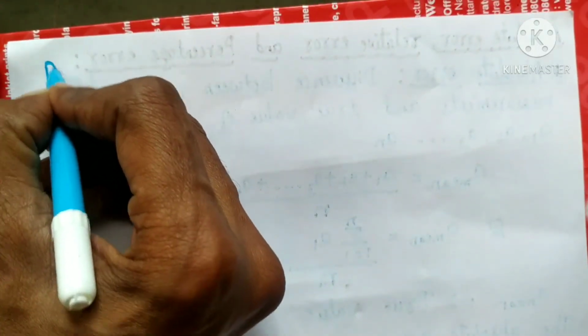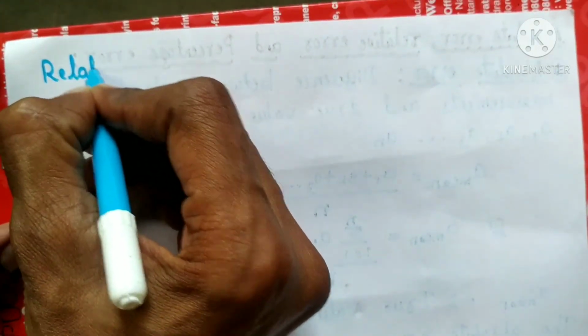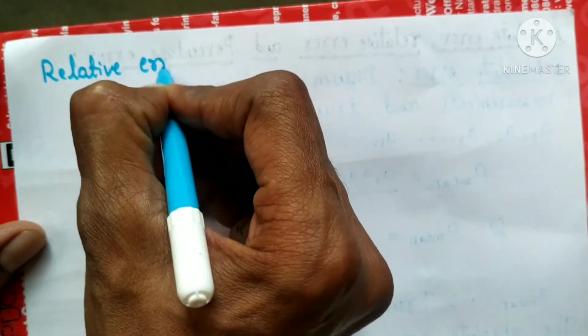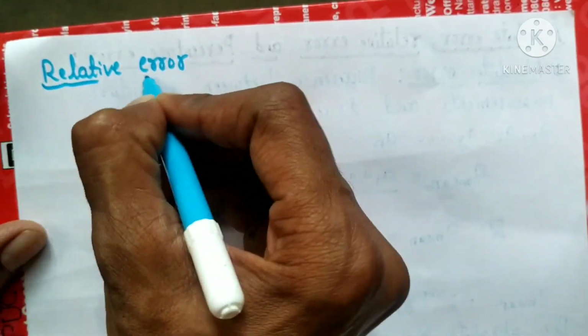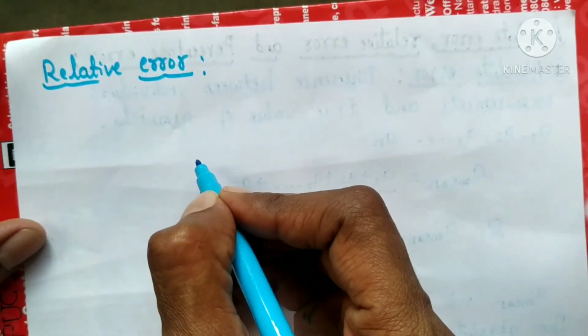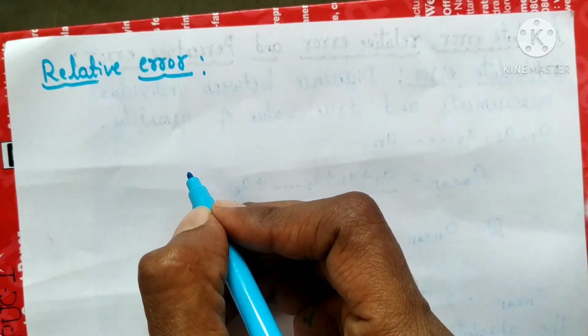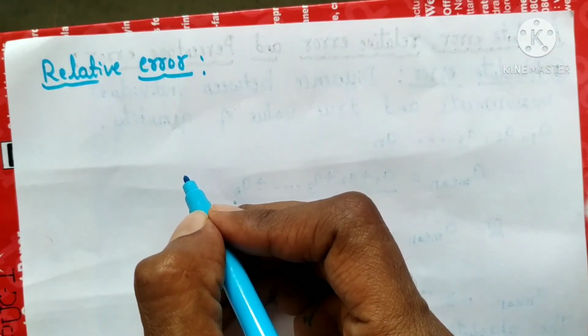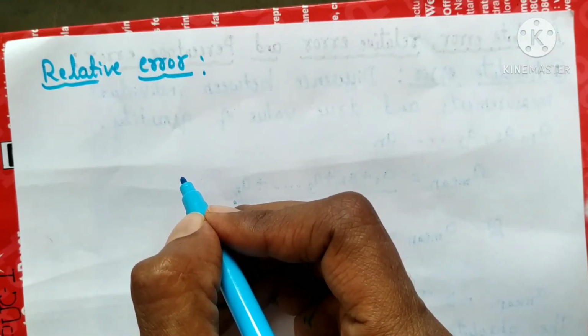Now let us see relative error. Let us try to understand the meaning of relative error. We already understood the meaning of absolute error, and we already saw the expression for the mean absolute error.